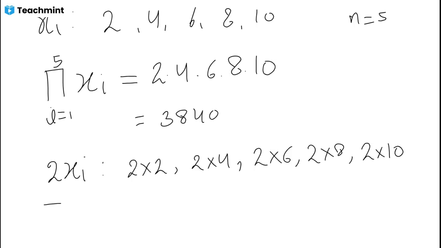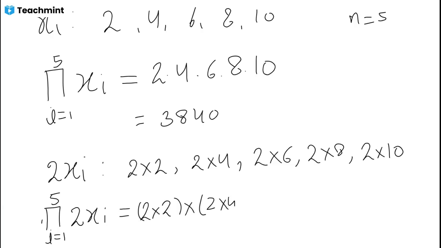Now let us find its pi value. Pi, i equal to 1 up to 5, and we are finding for 2xi. So just multiply 2 into 2, 2 into 4, 2 into 6, 2 into 8, 2 into 10.